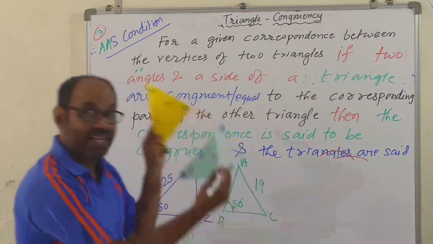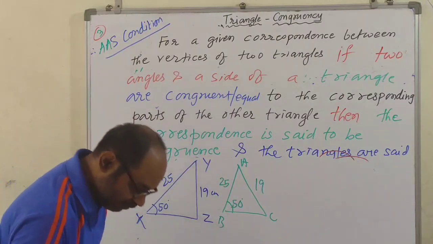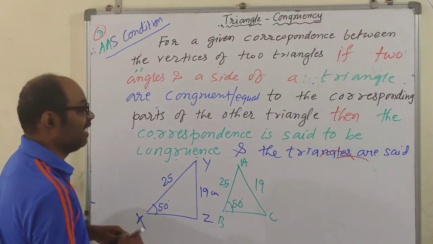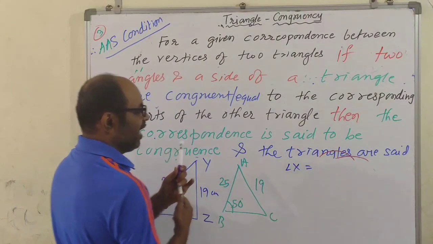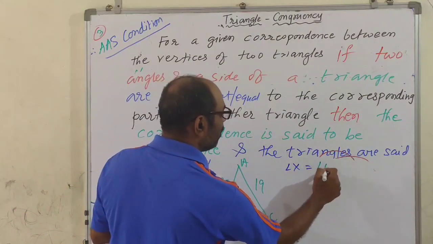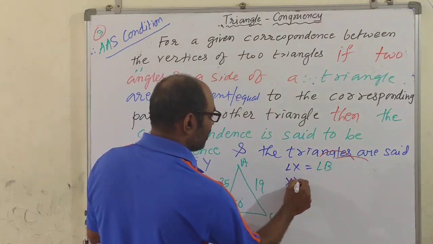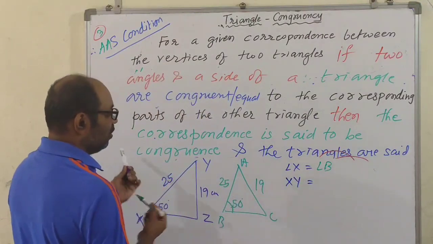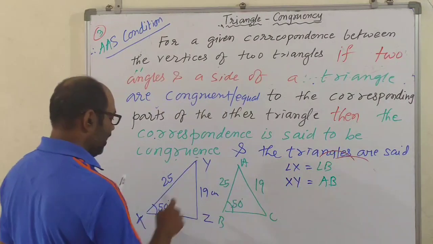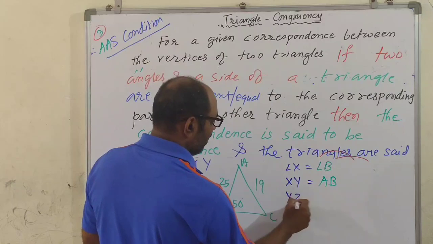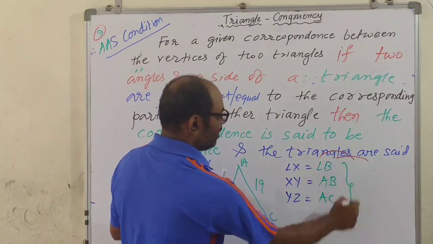So between these two triangles, which condition is satisfied? Okay, let me write here. Which angle? Angle X. Angle X is equal to angle B, 50-50. Then side XY is equal to AB, 25, right? And side YZ is equal to side AC. Which condition is satisfied?